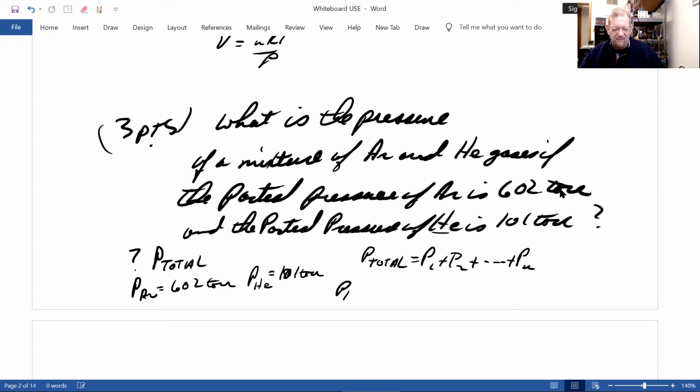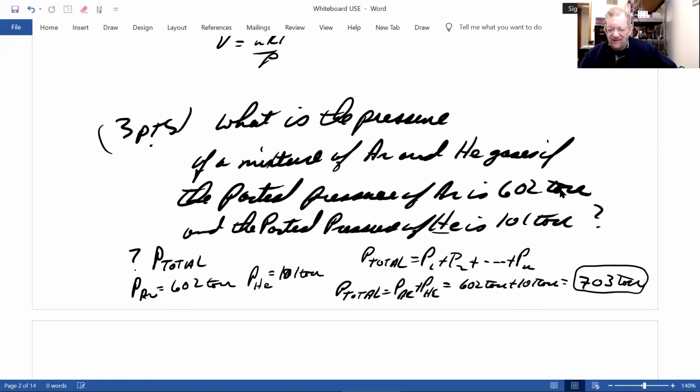In this case, that would be P total equals partial pressure of argon plus partial pressure of helium, which is 602 torr plus 101 torr. Keep an eye on me, I've been making mistakes today or in the past, and that would be 703 torr. And that's your answer, and that's how you do Dalton's law of partial pressures.